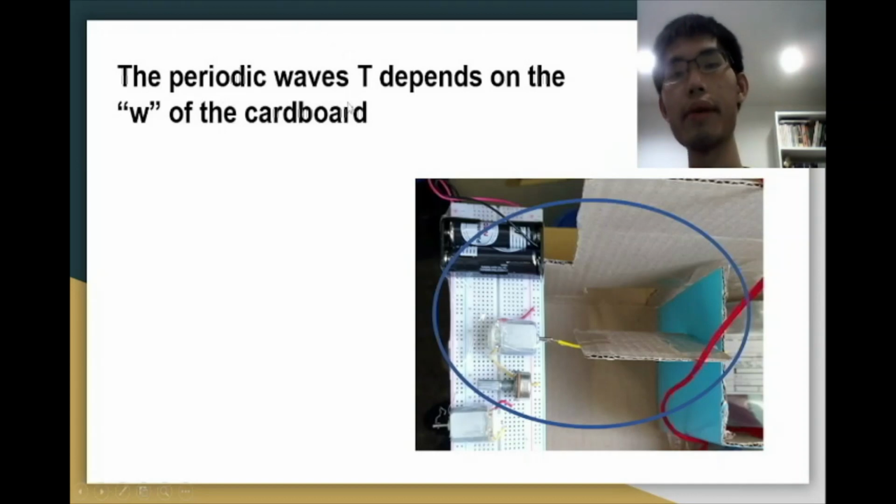Our periodic wave's period actually depends on the omega of the cardboard. So the rotation speed of the cardboard does matter, and the change of the rotation speed could change the intervals of the times we measure.